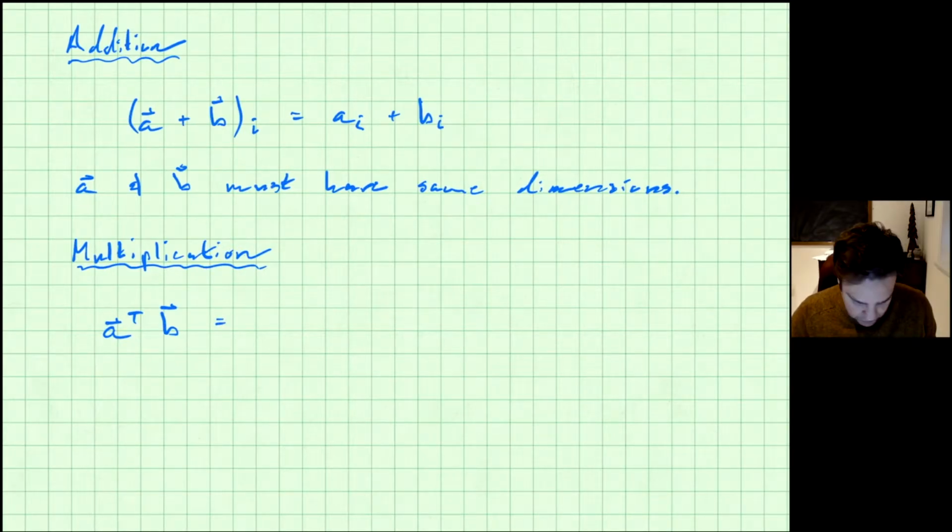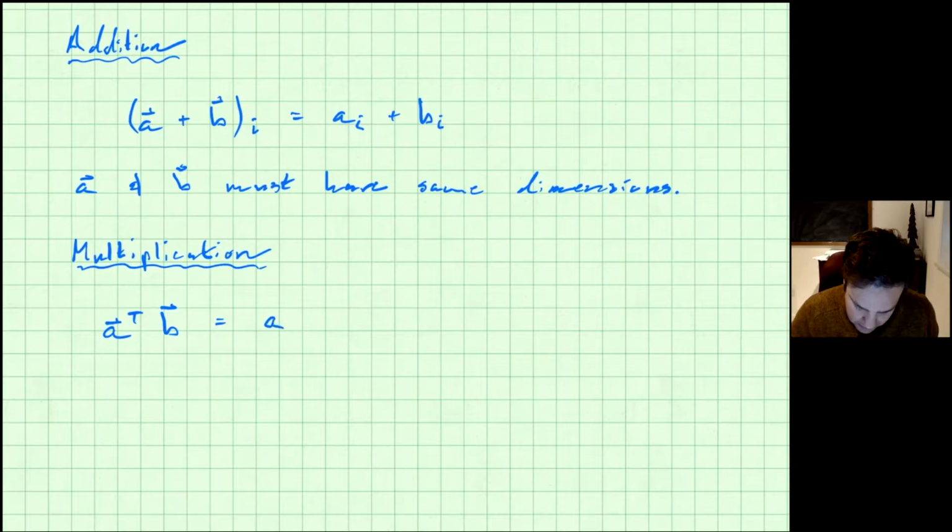And so A transpose is a row. What you want to picture in your head here is that A is lined up like this, and B is lined up like this. To get this multiplication right, you sort of tip B over and merge it with A, and it looks like this.